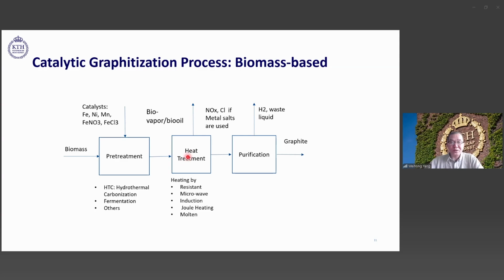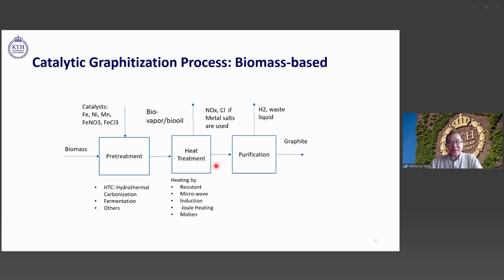Of course, because you come from a raw biomass, you will have a lot of byproducts released. It will depend on the catalyst. If the catalyst comes from the iron source, then of course you have a lot of chlorine environmental issue released.